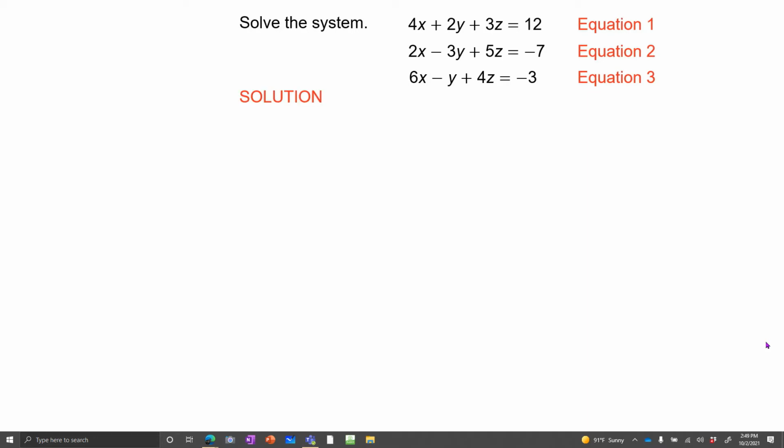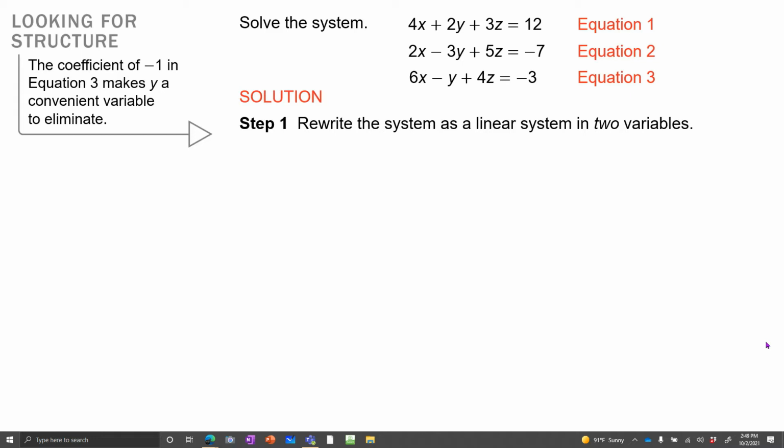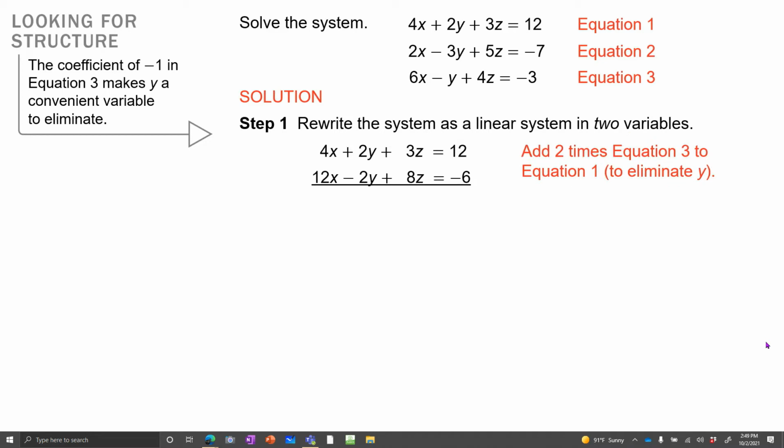Solution. Step 1. Rewrite the system as a linear system in 2 variables. The coefficient of negative 1 in equation 3 makes y a convenient variable to eliminate. Add 2 times equation 3 to equation 1 in order to eliminate y.